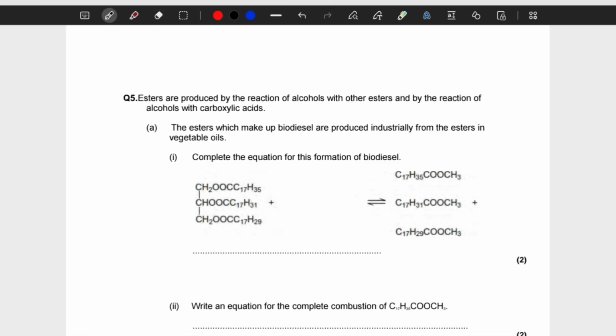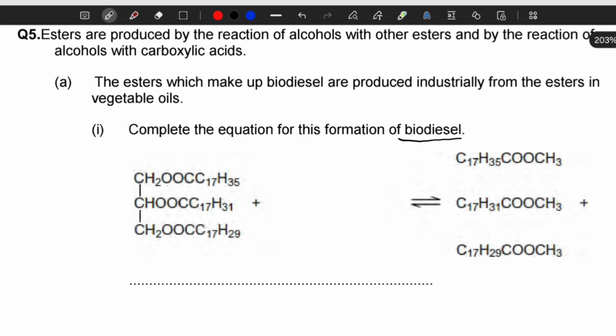Okay, so basically, guys, biodiesel. Remember, biodiesel is formed from vegetable oil, which is a triester, with methanol, which forms the biodiesel, and glycerol. So I basically said the answer. So it'll be 3 methanols. So 3 of these methanols.